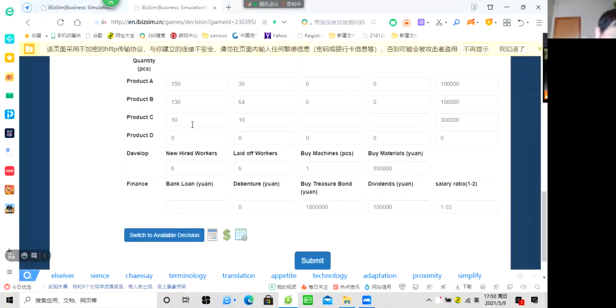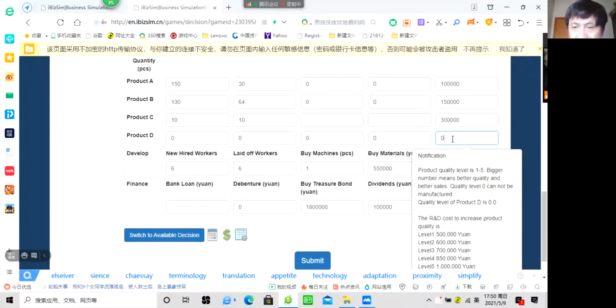Here, because the CEO of the company does not want to produce D, they do not give in R&D, so that's okay. But in our experience, in our competition, we just need to expand our company scale.